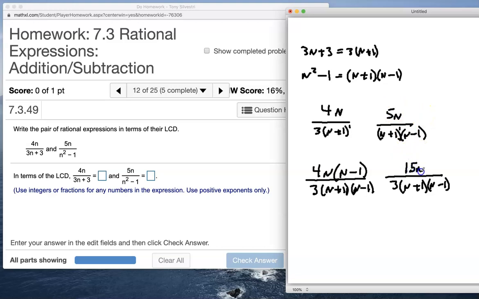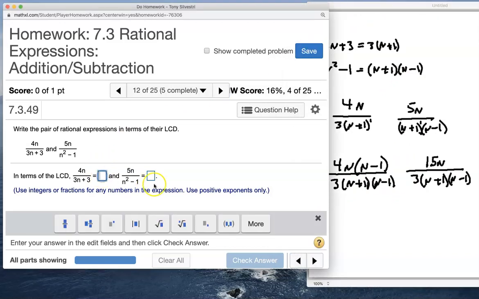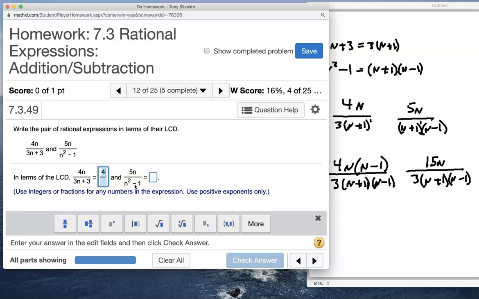And I'm going to enter these two expressions into these boxes and see what we get. Fraction: 4n times parentheses n minus 1, close the parentheses. And this guy here is going to be 3 times n plus 1. You don't have to multiply through, thank goodness.